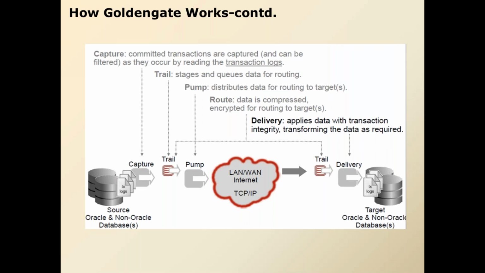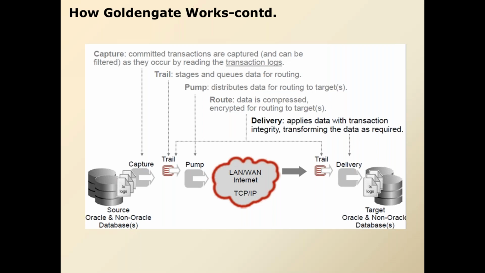Now you configure the GoldenGate capture process, which is also known as the extract process. The GoldenGate capture or extract process reads the transaction logs in sequential manner and captures the committed transactions. As I told you, the transaction logs contain committed as well as uncommitted transactions. However, the extract process is only going to capture the committed transactions.